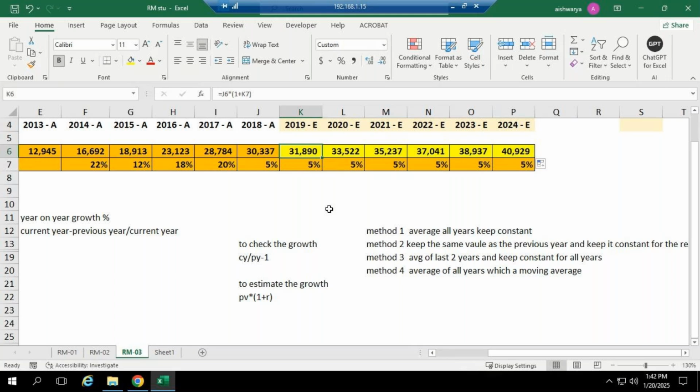Done? So understood about the second method? Shall we move to the third method?